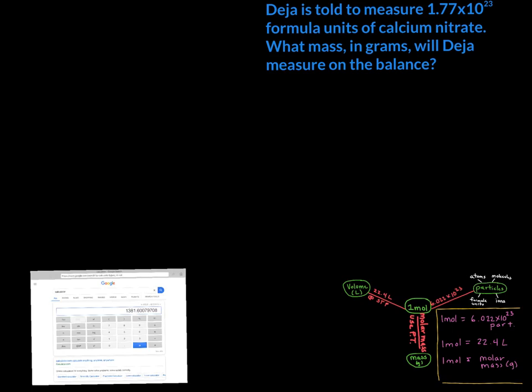Well, the first step here is for us to identify what we're given again, right? And we're given 1.77 times 10 to the 23rd formula units of calcium nitrate. That's our given. And our target is going to be the mass in grams again, okay?